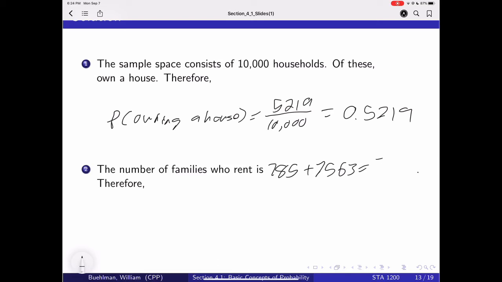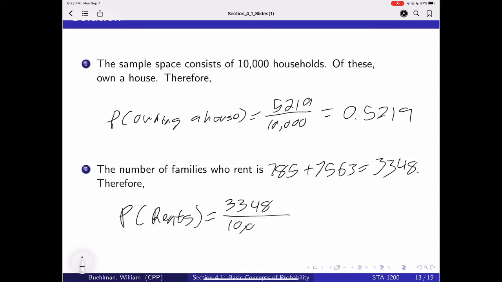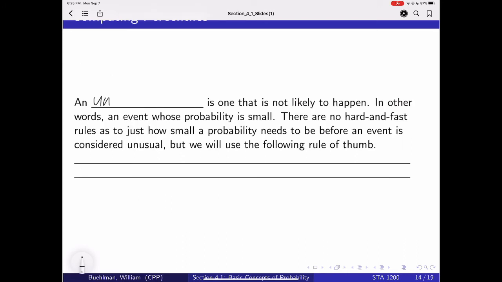So our total is 3,348 people that rent. So the probability that somebody rents is equal to 3,348 over 10,000, which is equal to 0.3348. So our probability that somebody rents is 0.3348.